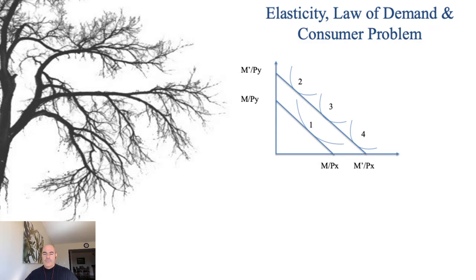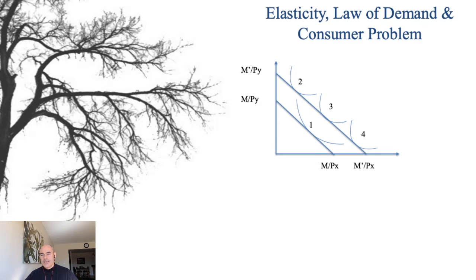The interesting part to consider in this case would be the notion of substitutes and complements. Whether you're going to move from 1 to point 2, or from 1 to point 3, or from 1 to point 4, will in part depend upon the type of relationship of Y and X and other goods.